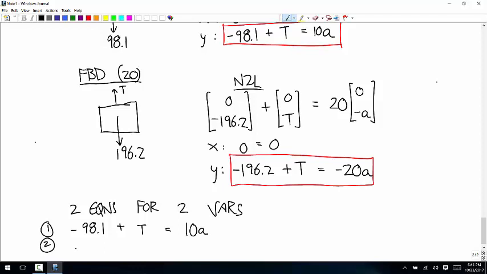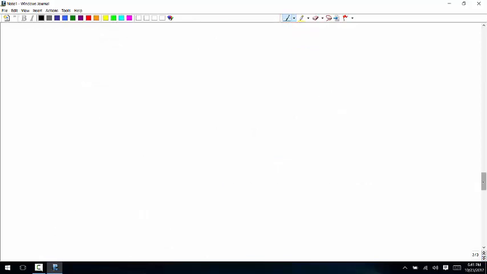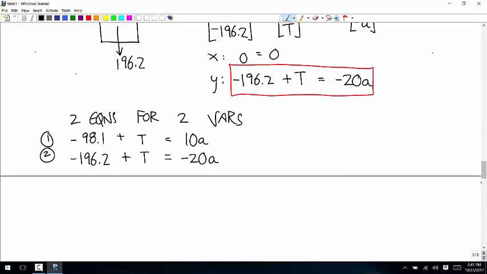And the second one says negative 196.2 plus t is equal to negative 20a. You can do it by substitution again. So from the first one, I'll say t is equal to 10a plus 98.1. And then I'll substitute it into the second one.